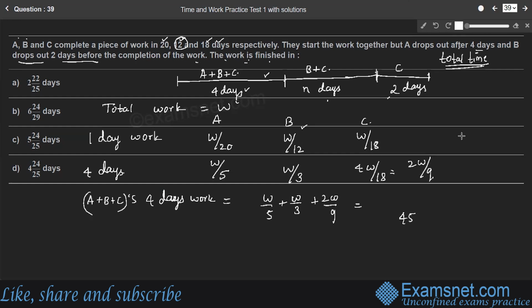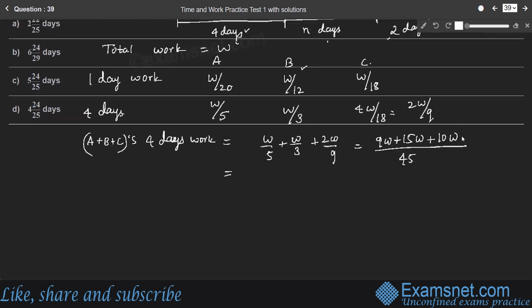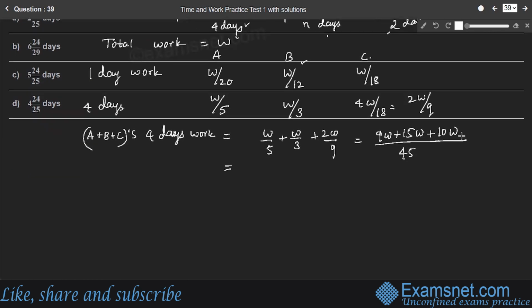So 9W plus 15W plus 10W, which is 9W plus 15W plus 10W, giving 34W by 45. That is their 4 days work.